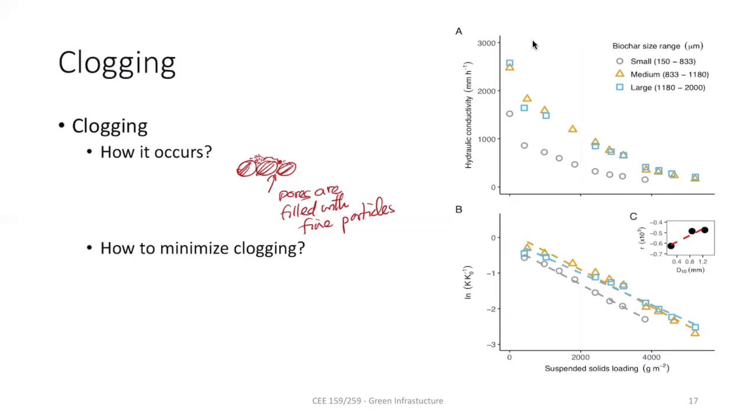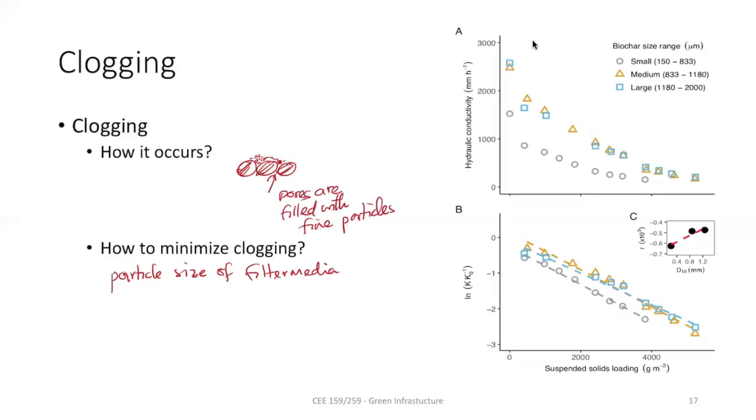So it occurs again because of filtration of sediments. Now I will just show you this graph. What controls clogging is the particle size of the filter media, which can affect the clogging rate.